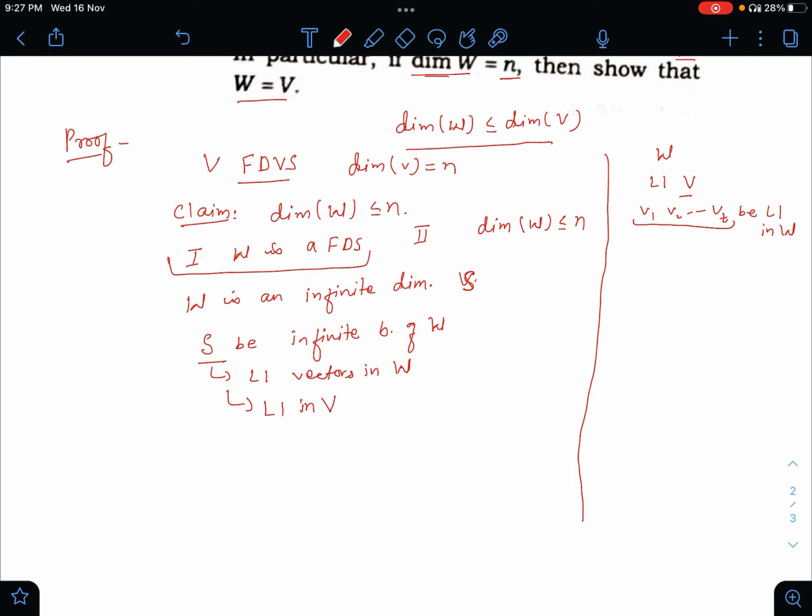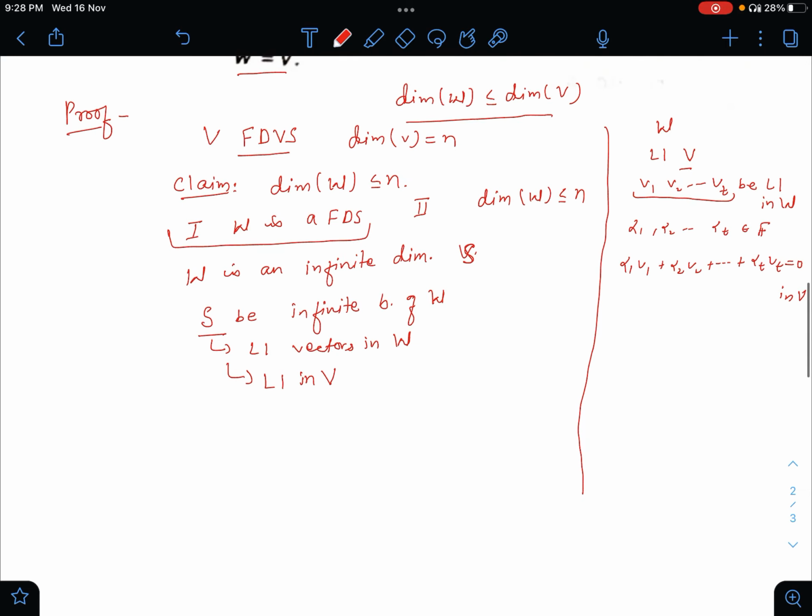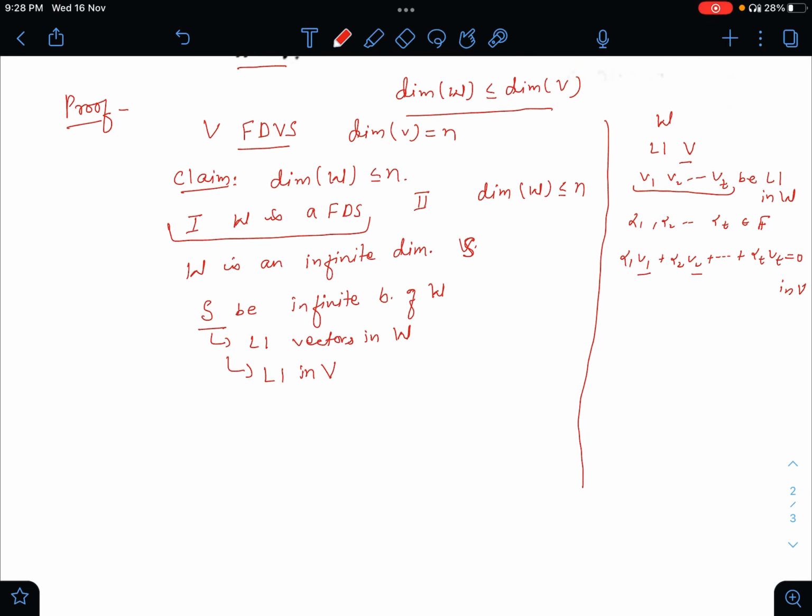Let alpha 1, alpha 2, ..., alpha t belong to field F, and the combination alpha 1 V1 plus alpha 2 V2 plus ... alpha t Vt is equal to 0 in V. Since the Vi's belong to V, and they belong to W also and are linearly independent in W, alpha i is equal to 0 for all i.